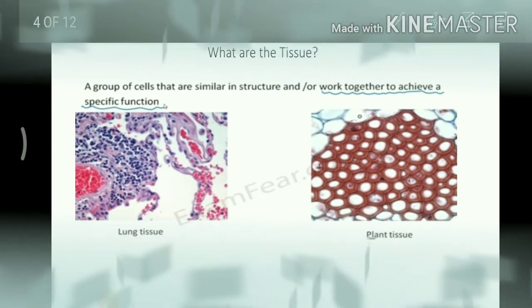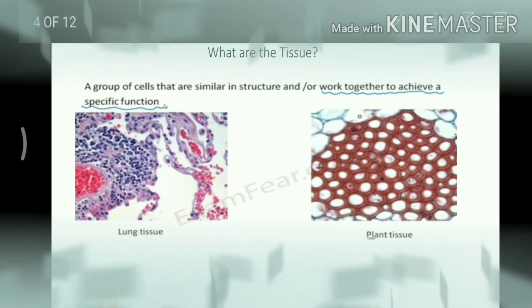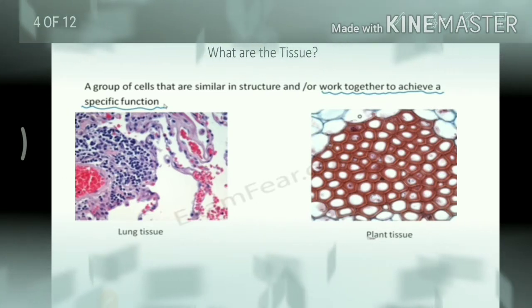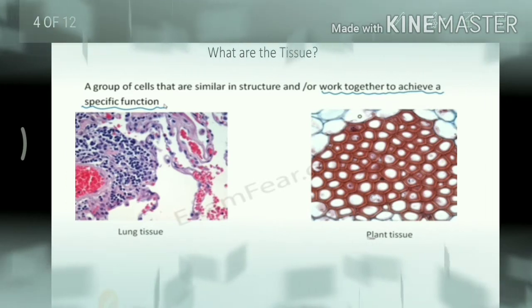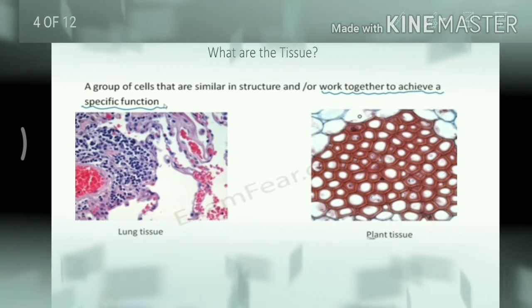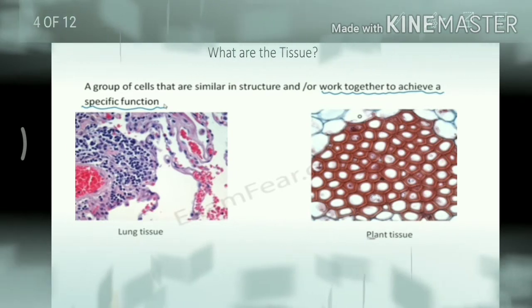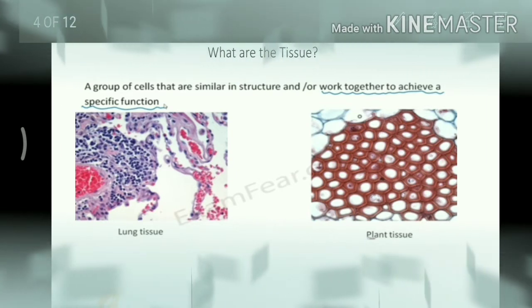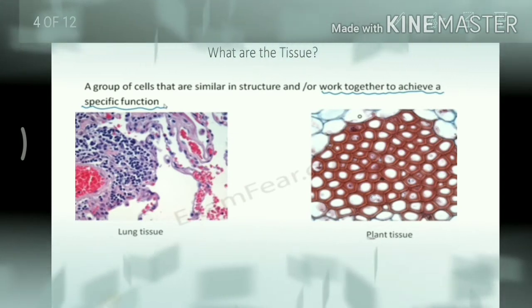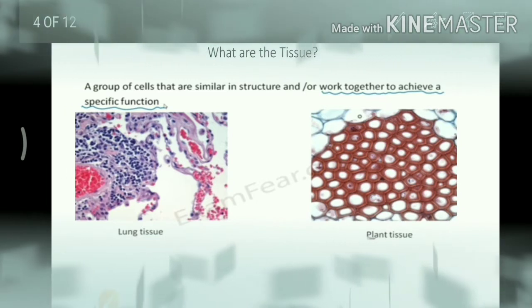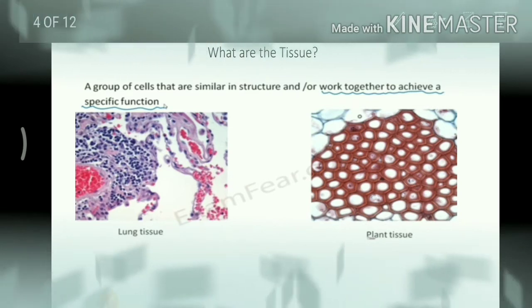If there are 100 cells in your body, some 10 cells group together to perform one function, some 20 cells group together to perform a second function, again 30 cells group together to perform a third function. That's why these cells are grouped together. A grouping of cells to perform a common function, each such group is known as a tissue, right?